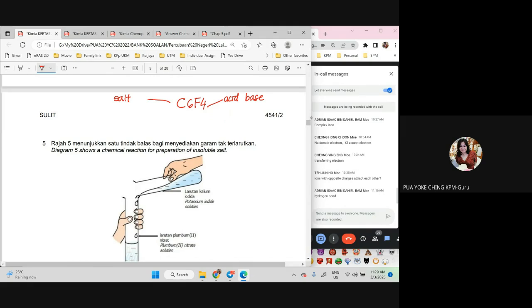So for acid base, revise back your pH. Okay, means your calculation lah. How you calculate your pH. And then is your relationship pH with concentration.